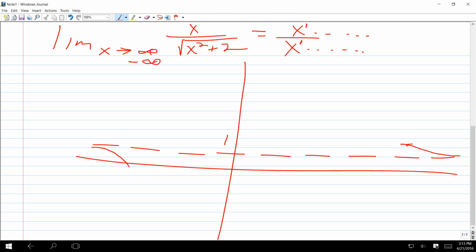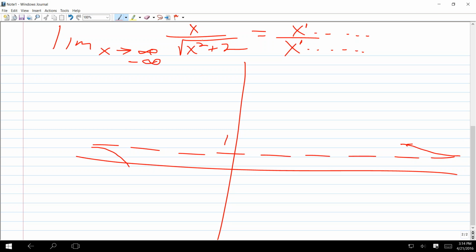Looking at my graph, would that be 1? What about when x approaches negative infinity? That's also 1, because negative infinity is really no different than positive infinity if you plug it in.